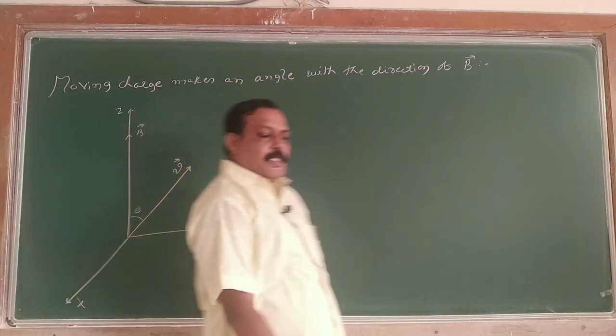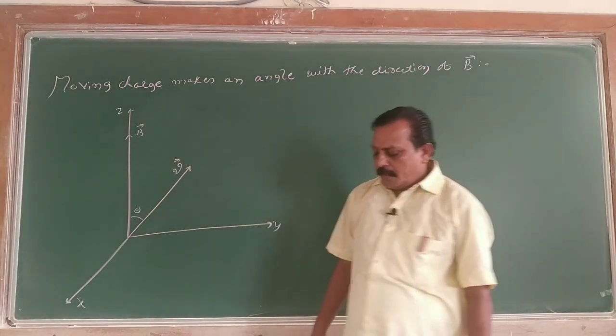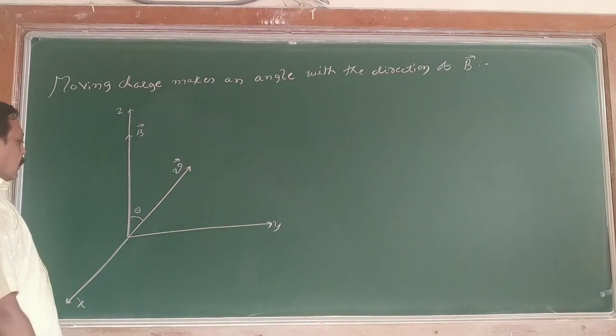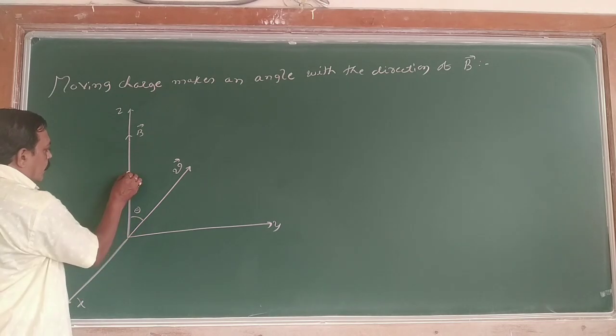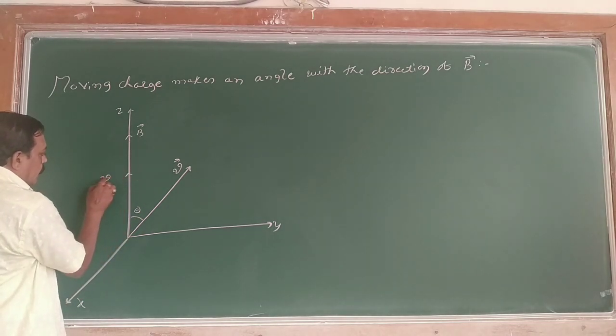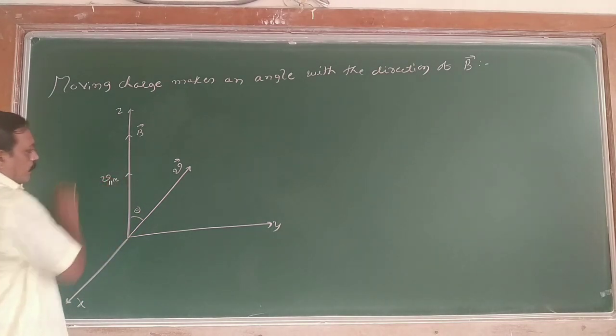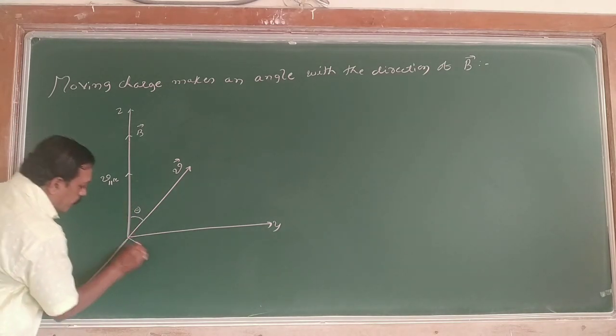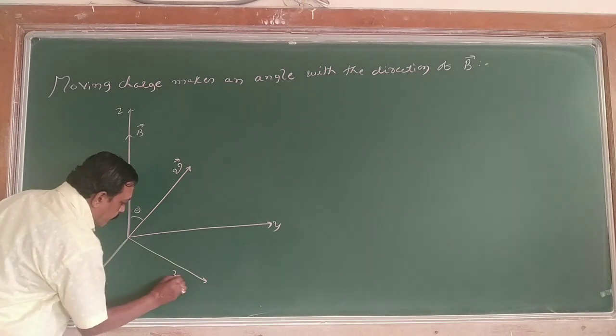Now this V is resolved into two components, one horizontal and another vertical. This is the parallel component, the horizontal component, and this is the perpendicular component, V perpendicular.